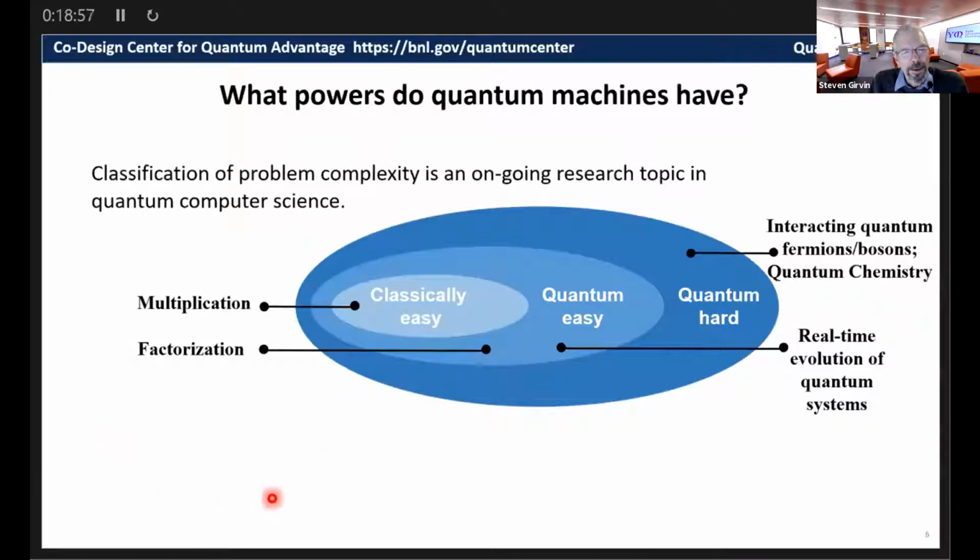So what powers do quantum machines have? Let's say quantum computers. Well, computer scientists like to classify problems with a complicated scheme about how easy they are to perform on classical hardware. So multiplication is easy. I can do it on my iWatch, my iPhone watch. The reverse, factorization, is extremely hard classically, as far as we know.